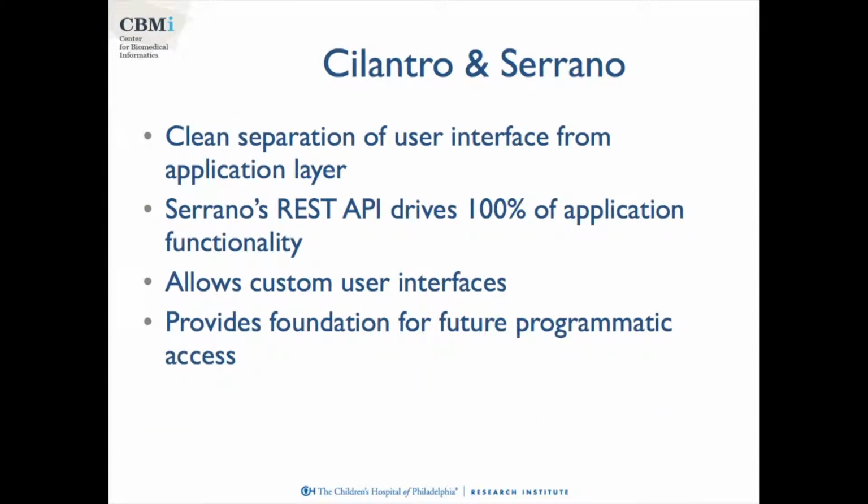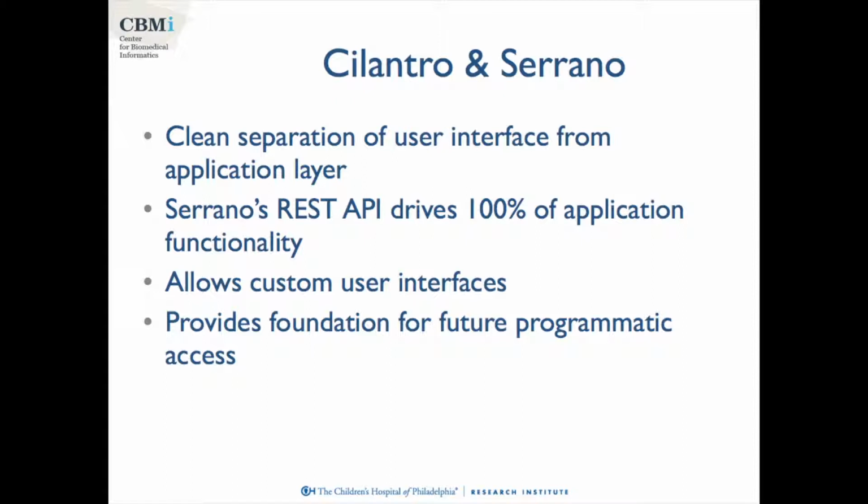Cilantro and Serrano, just a few words about that. We really try to keep a clean separation of the user interface from the application side, and so everything is driven through APIs. All of Serrano's APIs are driving the client. There isn't any intermingling of the client with the server-side components, and so this really allows for some interesting scenarios in the area of custom user interfaces, which I'll talk about in a few minutes.